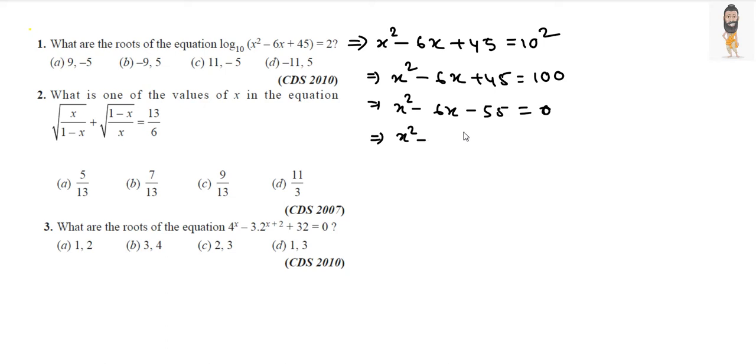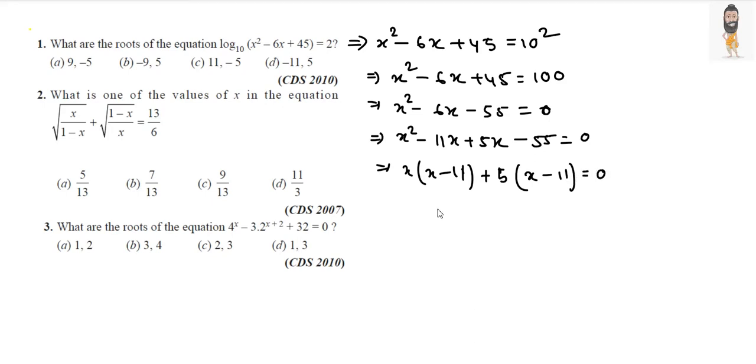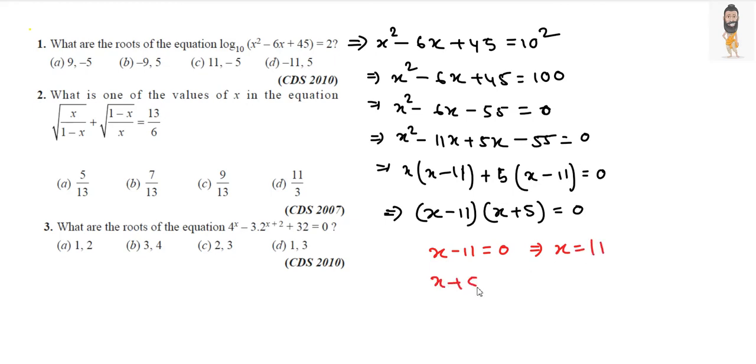Now x squared minus 11x plus 5x minus 55 equals 0. Taking x common and 5 common, we get x minus 11 times x plus 5 equals 0. We know that if the product of two values is 0, then one of them is 0. So x minus 11 equals 0, so x is 11, and x plus 5 equals 0, so x equals minus 5.